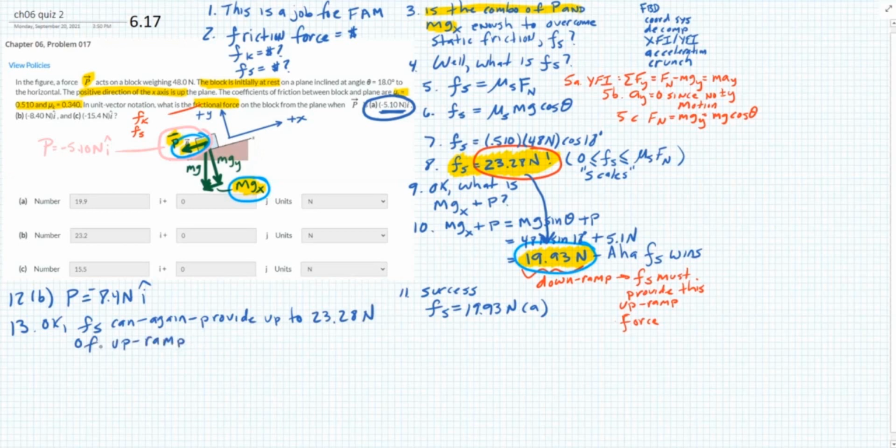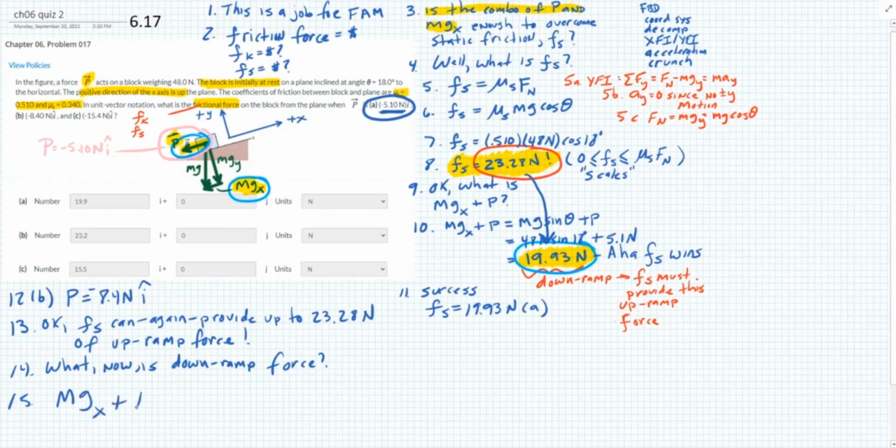That is what the static friction force can scale to provide of up ramp force. What now is the down ramp force? And the answer is still the sum of those two vectors. It's still going to be mgx. mgx is a downward force. So is P. That's a downward force.